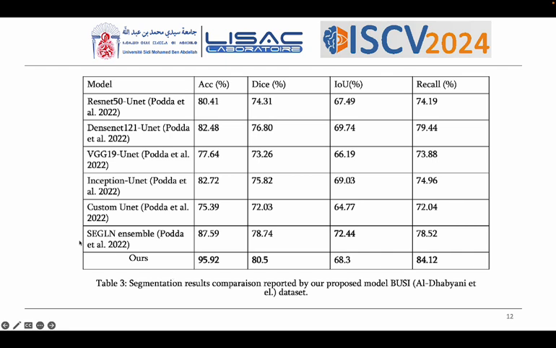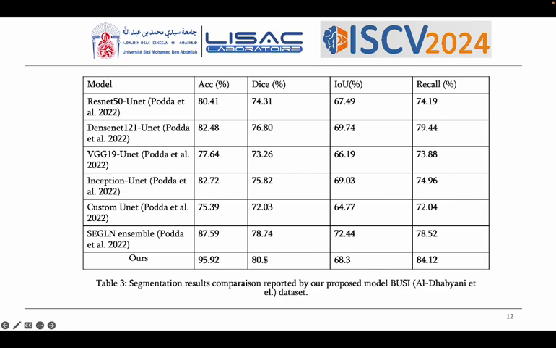In table 4 we have a segmentation results comparison between our proposed method when it's trained and tested on the first dataset, against the architectures provided in the work of Poda et al. introduced in 2022.